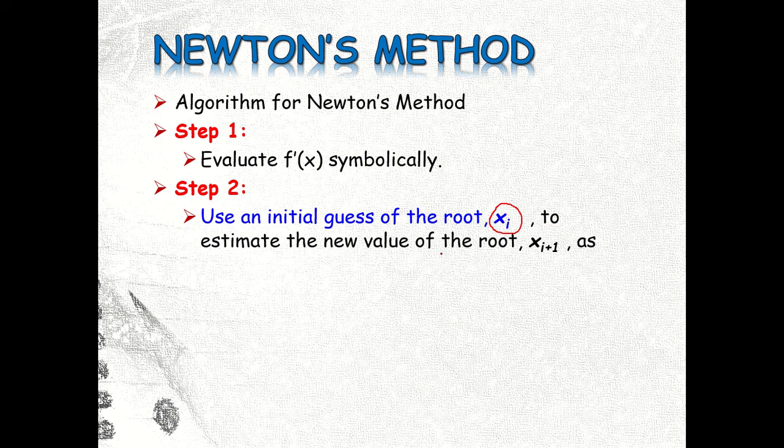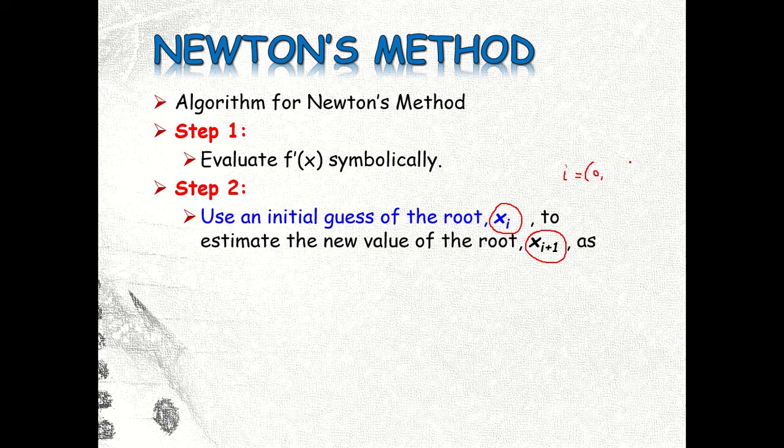To estimate the new value of the root, the new value is given by x sub I plus 1. Our I here will range from 0 to any value, and it depends on the interval, class, as you can see from the graph.